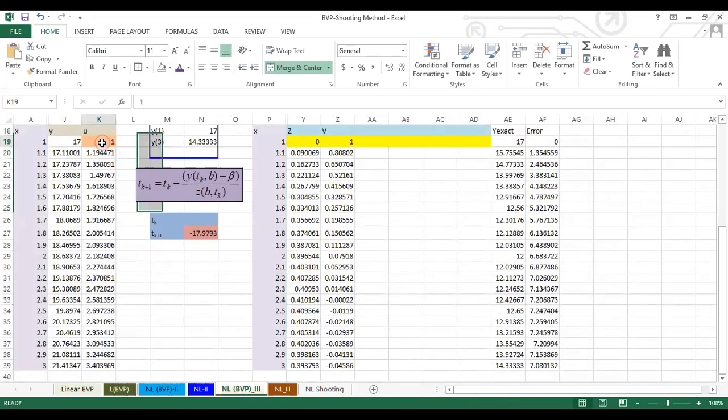So we began with value 1. So I write it here, 1. And over here t subscript k plus 1, it is basically the Newton-Raphson expression with the value y(t_k, b), the value which is here. Let me highlight this value.